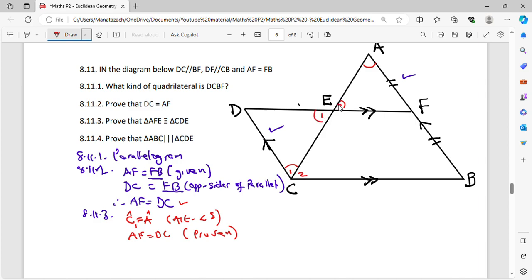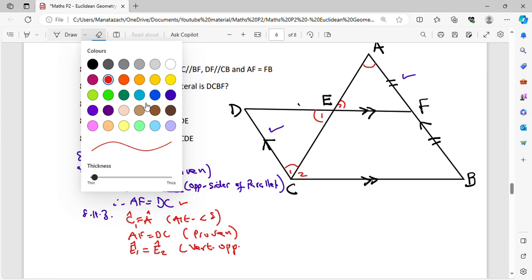So angle E1 is equal to angle E2. The reason, vertically opposing angles.